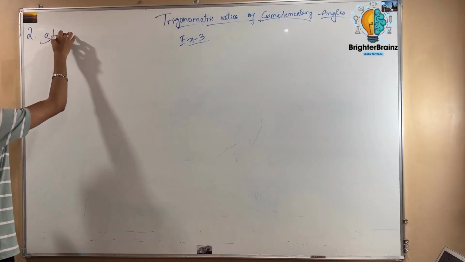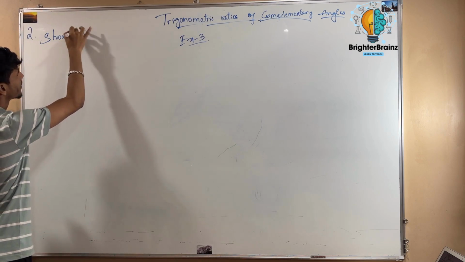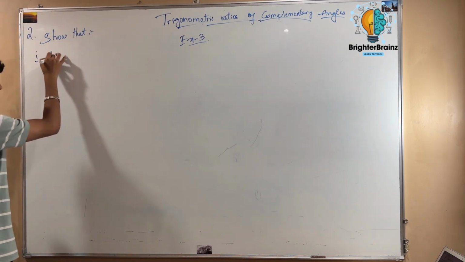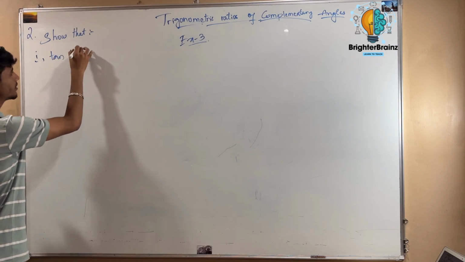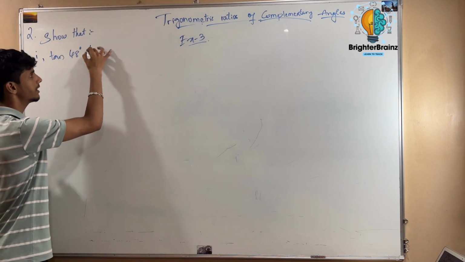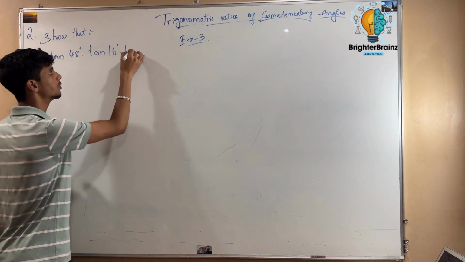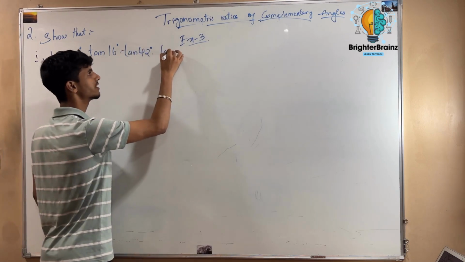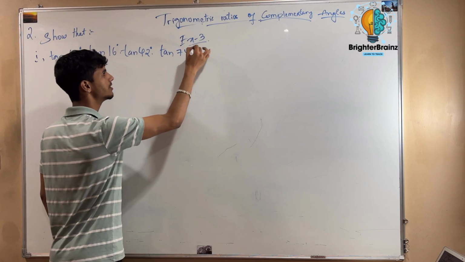Second question is, show that: first Roman is tan 48 degrees into tan 16 degrees into tan 42 degrees into tan 74 degrees is equal to 1.